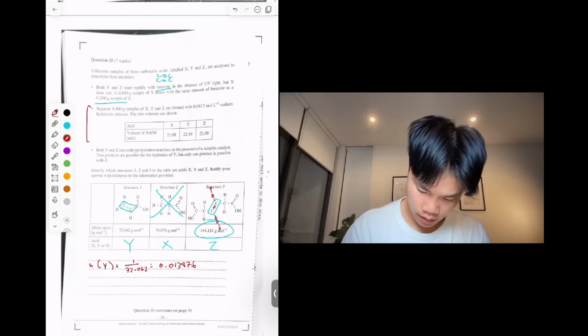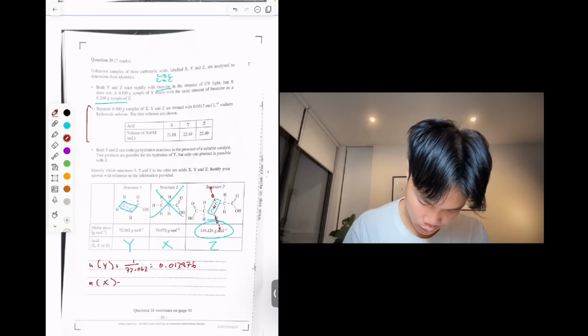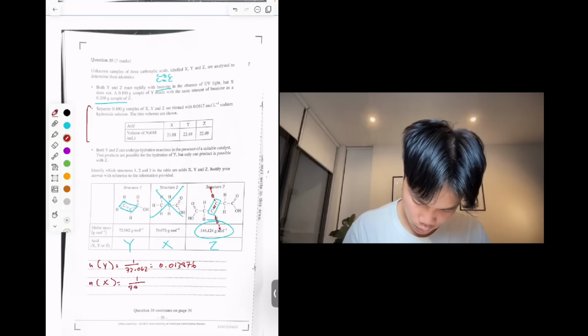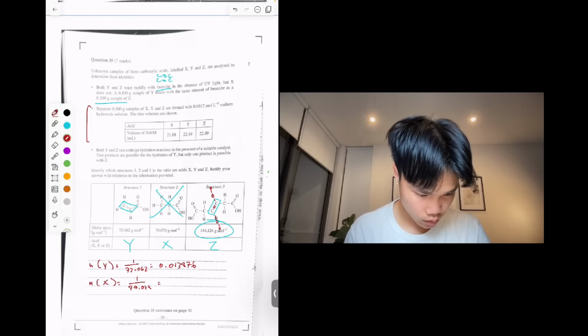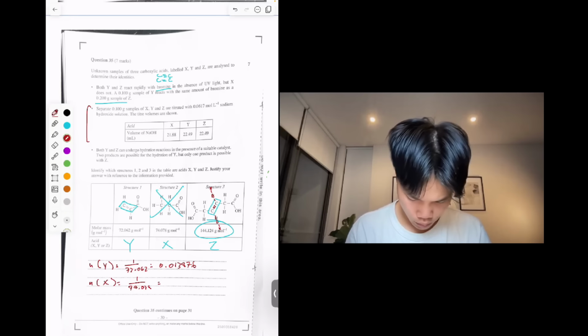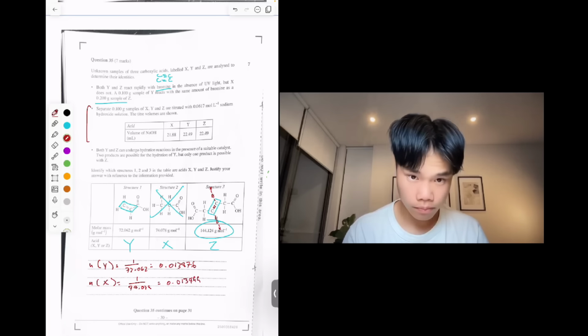I'll just do each of them first. Moles of X would be equal to 1 on 74.078, which equals 0.013499.